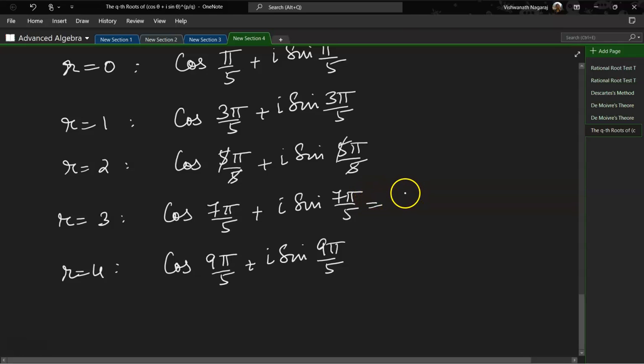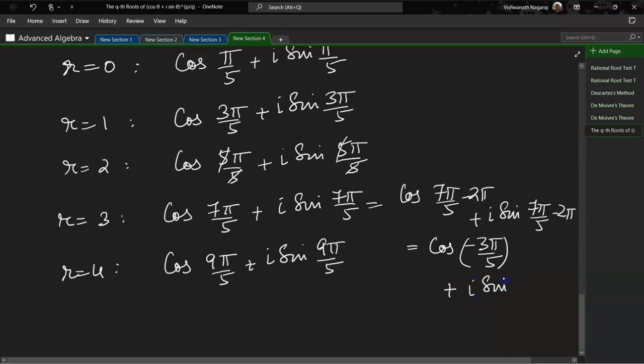We get cos of (7 pi by 5 minus 2 pi) plus I sin of (7 pi by 5 minus 2 pi), which gives us cos of minus 3 pi by 5 plus I sin of minus 3 pi by 5, which is equal to cos 3 pi by 5 minus I sin 3 pi by 5.